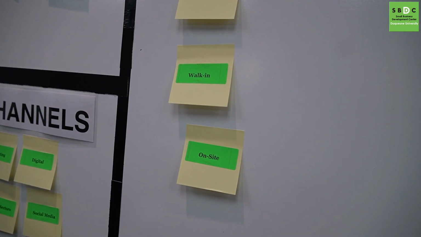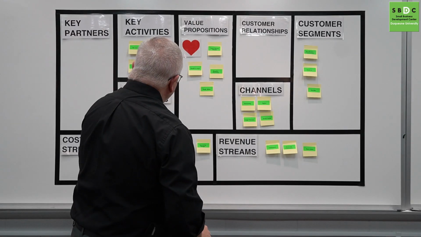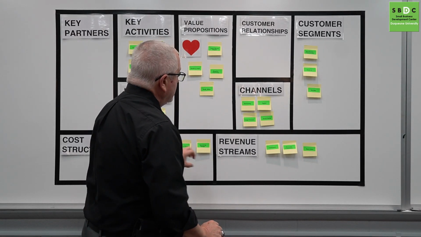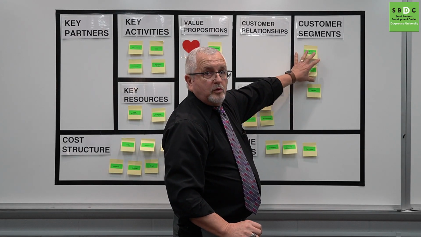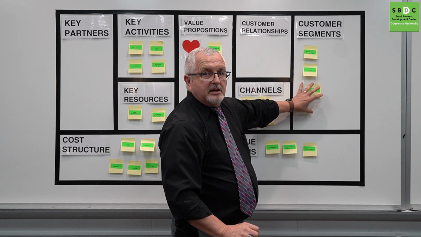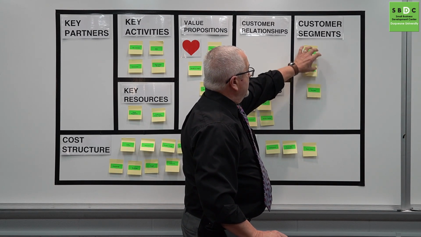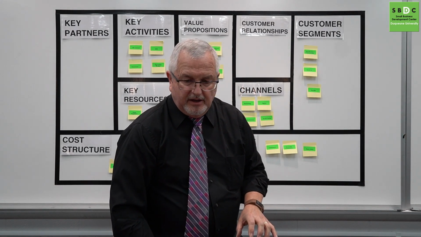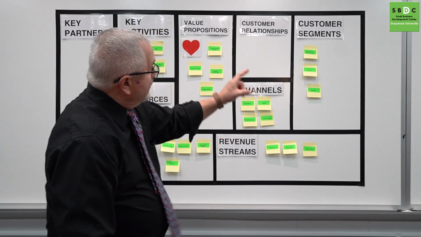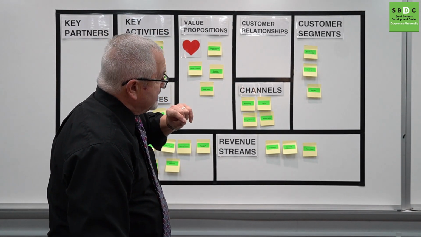The reason I separated those is because when you're talking about your revenue, you may even want to segment these into what area of revenue stream these are going to mean.